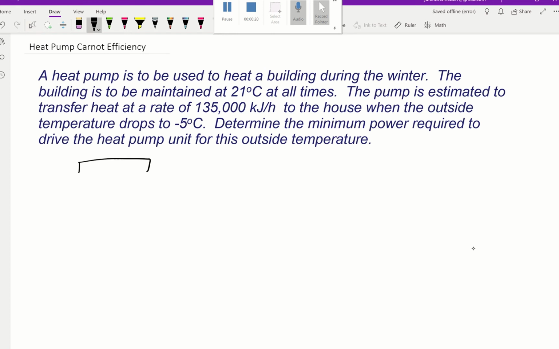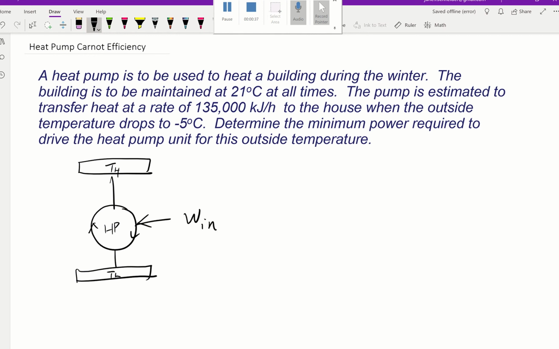So we have this heat pump, TH and TL, and for this thermodynamic cycle, we require the work coming in and we achieve the heat transfer from lower temperature to higher temperature.